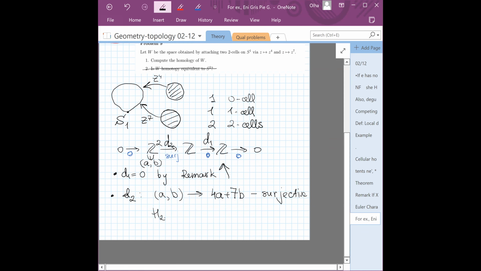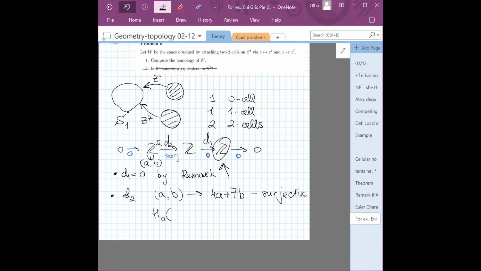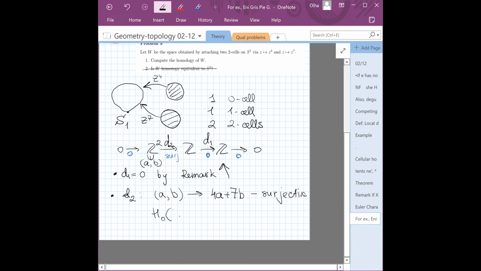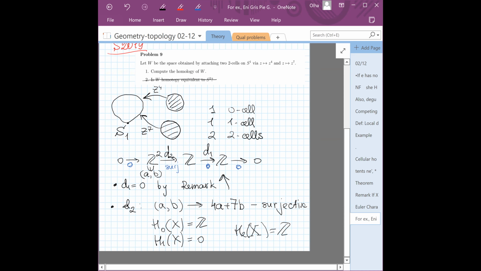H2, this one is going to be Z. The first one, 0, just because we're quotienting Z by Z, and then the second one is Z again. So this problem is kind of simple.